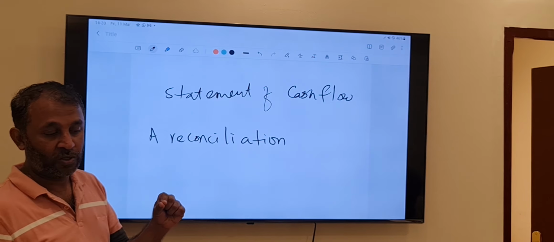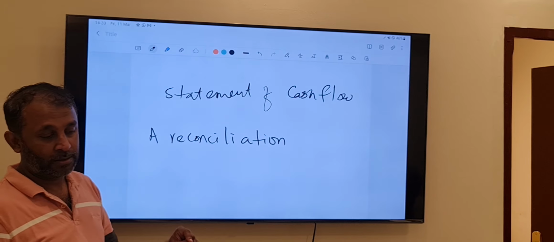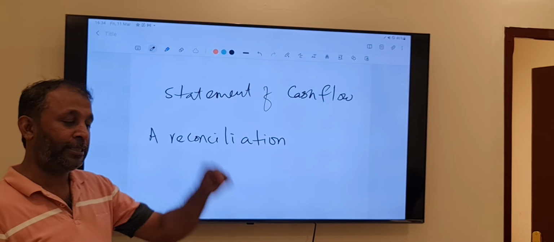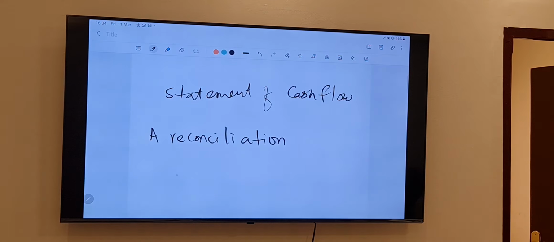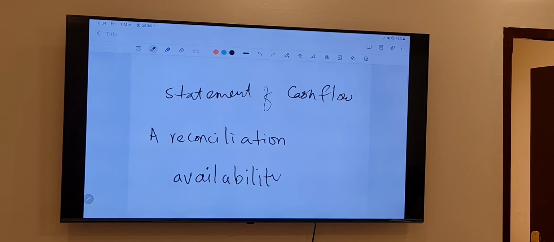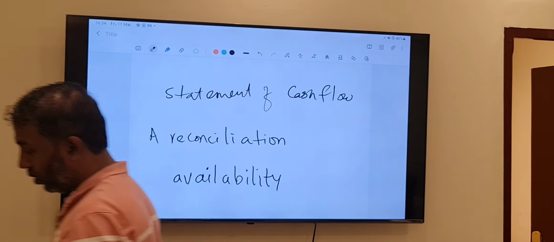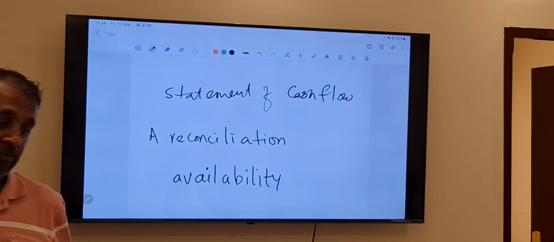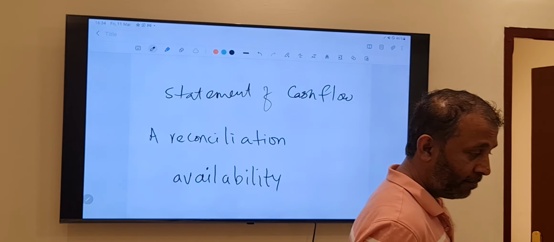to the cash availability of the business over a period of time.